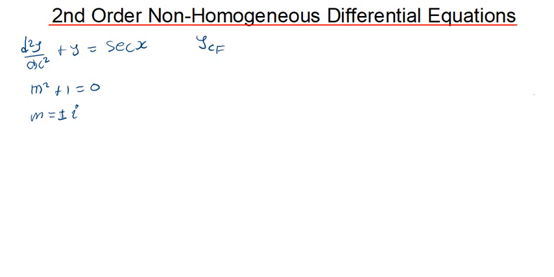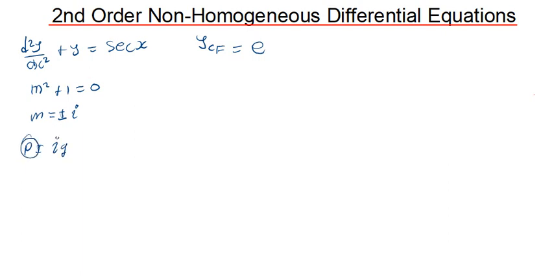So our complementary function is going to be equal to e to the px. In this case our p is 0, because remember the roots are of the form p positive or negative iq.